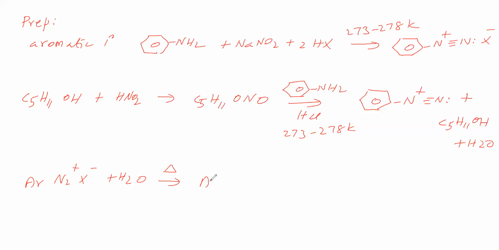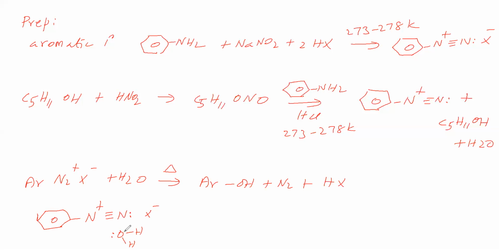The product is alcohol. What is the mechanism involved in this one? That we will see. We will take one example. The phenyl ring we will take, with this diazonium group. Now water we have written like this.